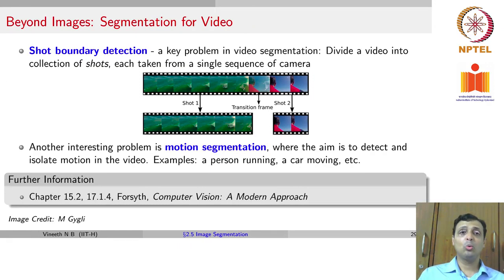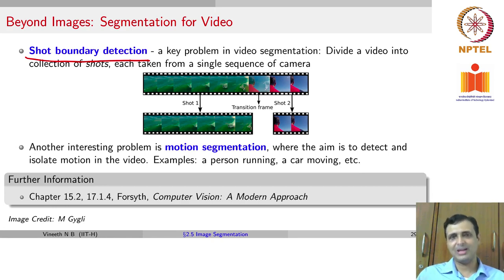But that's the reason why image segmentation is useful for you to know at this time. Segmentation can also go beyond images into videos. If you go into videos, the principles for the methods are very similar, although there's a third dimension that comes into the picture. But the kind of task that one wants to solve in videos is, say, shot boundary detection, which is an important problem in video segmentation, where you have to divide an entire video into shots.